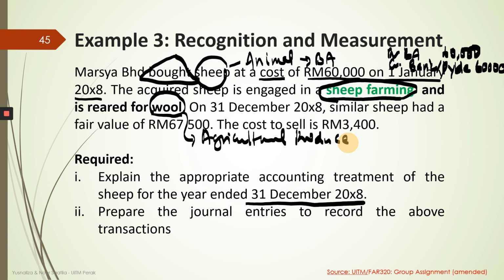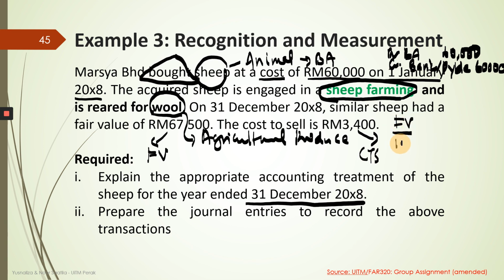On the 1st of December, a similar sheep with the same physical characteristics has a fair value of 67,500. This is the fair value, and the cost to sell given here is 3,400.